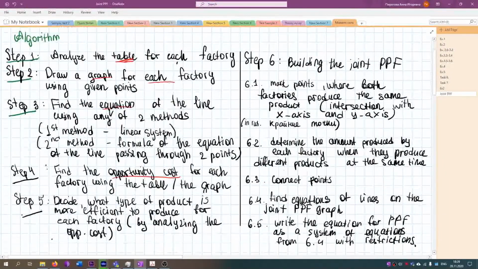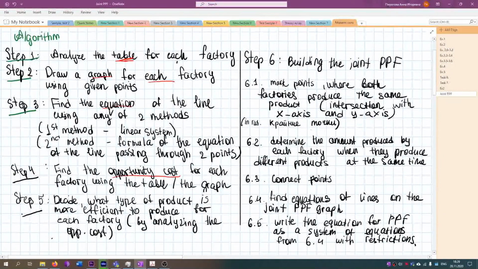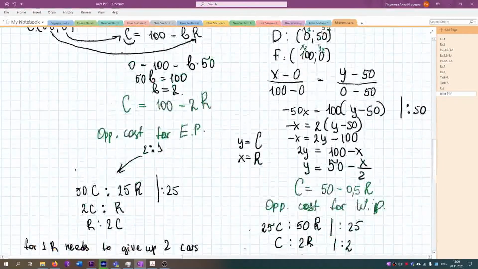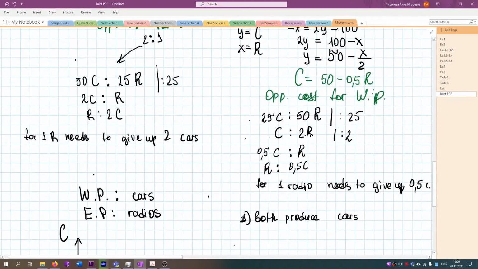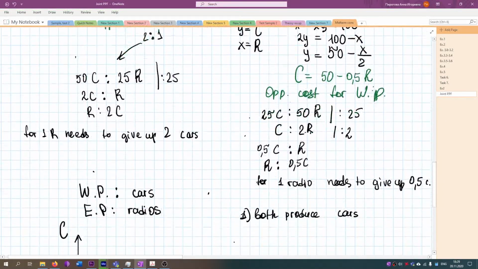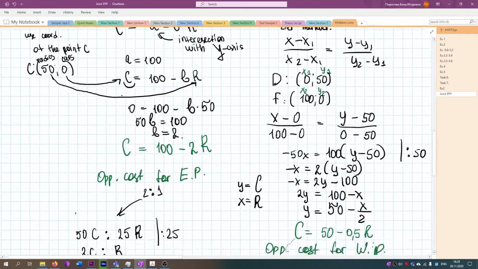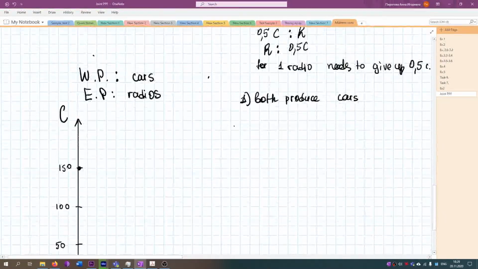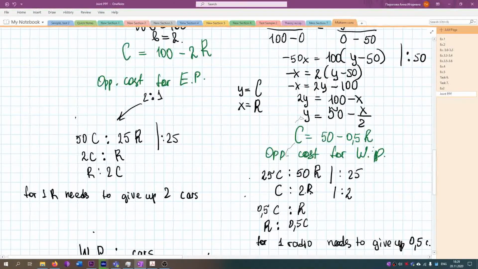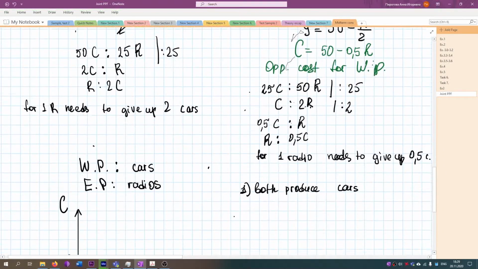Now let's look at the algorithm. We need to determine the amount produced by each factory when they produce different products at the same time. As we decided, the Western production has to produce cars, and this means we need to use the production function for Western production to determine how many cars it can produce.